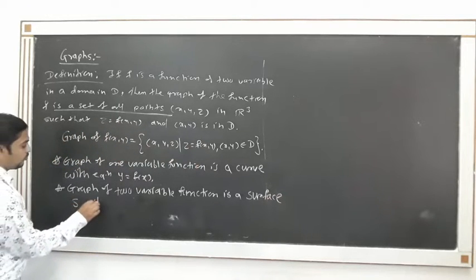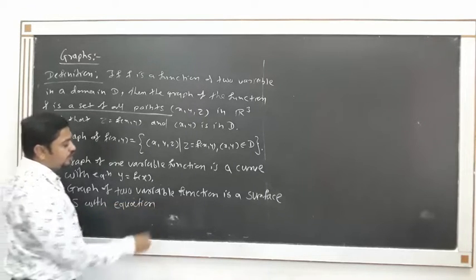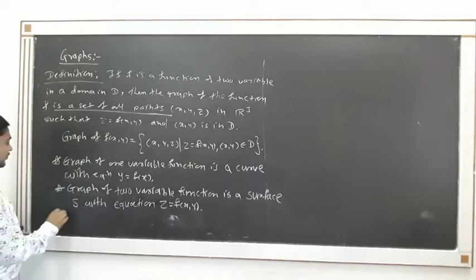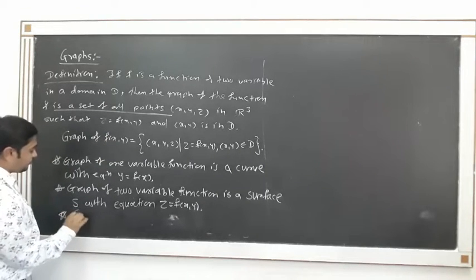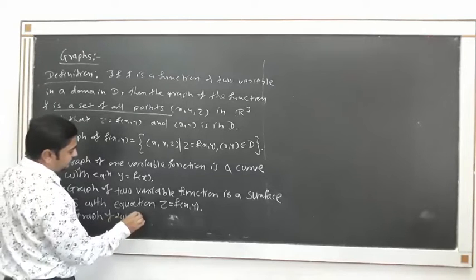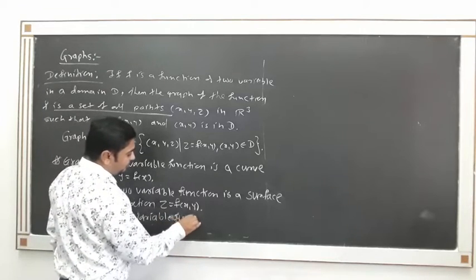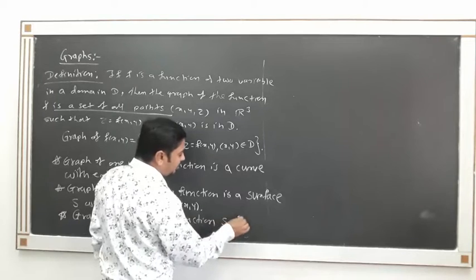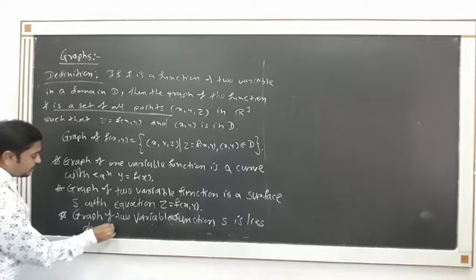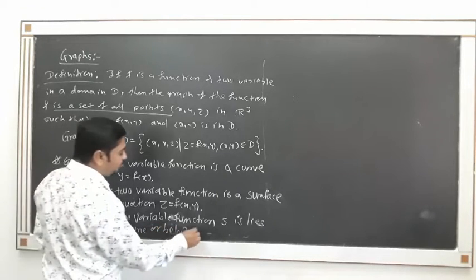The surface S has equation z is equal to f of (x, y). The graph of a two variable function, the surface S, lies above the xy plane or below the xy plane.